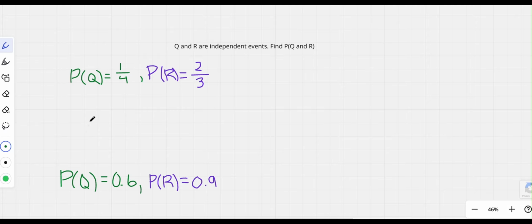So we're going to do 1/4 times 2 over 3. And 1/4 times 2 over 3 is going to equal 2 over 12, because 2 times 1 equals 2, and 3 times 4 equals 12.